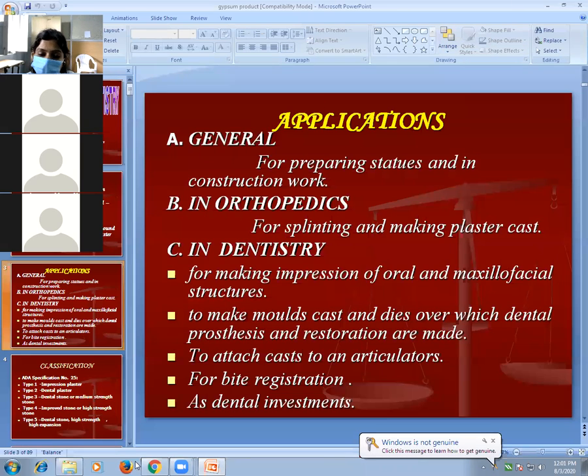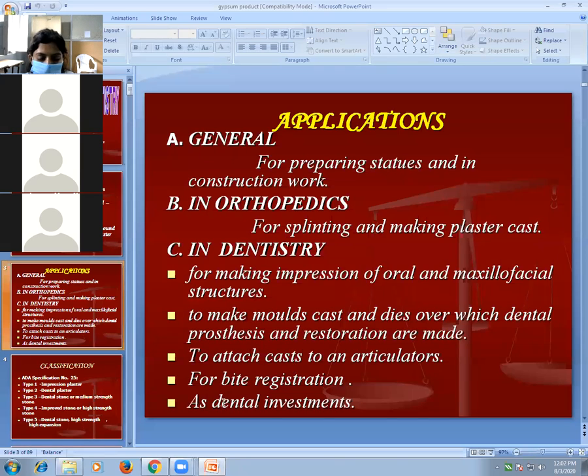So, again, the plaster is used for making casts and dies, and then to attach the cast to an articulator, the mounting which we do for the teeth arrangement is done with the help of gypsum or dental plaster.